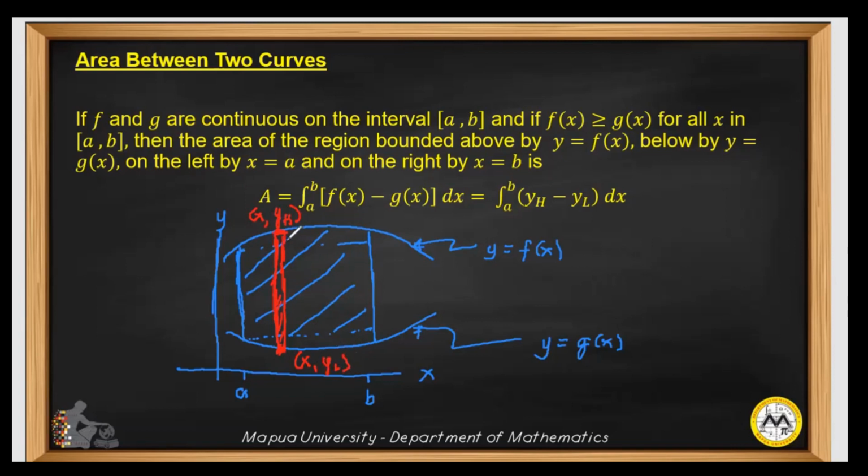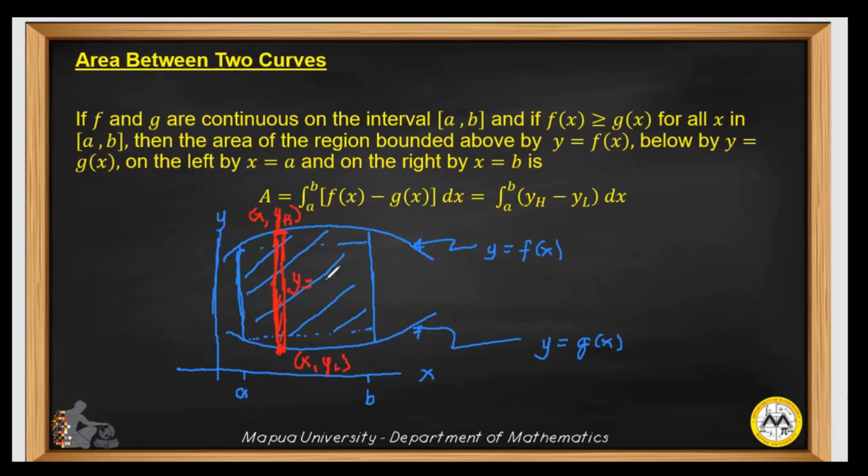Hence, the length of the representative element is y, but since it is bounded by the two curves y equals f of x and y equals g of x, then y equals y sub h minus y sub l.